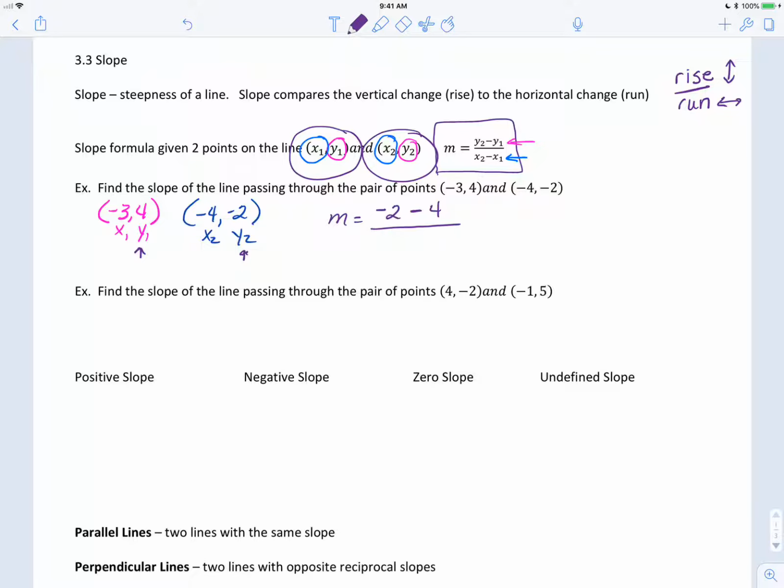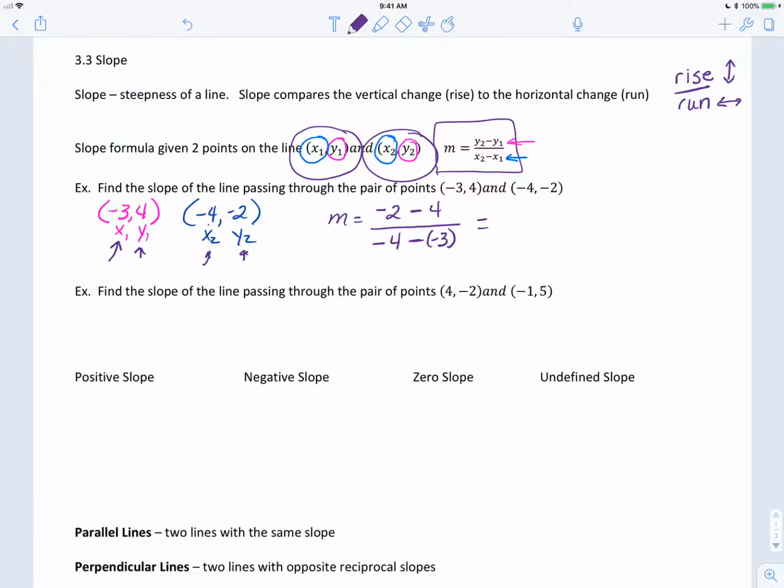If we use this particular y2 for the beginning of the formula on the top, we've got to use this x2 for the beginning of the formula on the bottom. So we've got to use its corresponding x value to start that. So that is -4 minus a -3, our x1. Well, what happens if we minus a negative? That really turns it into a positive, right?